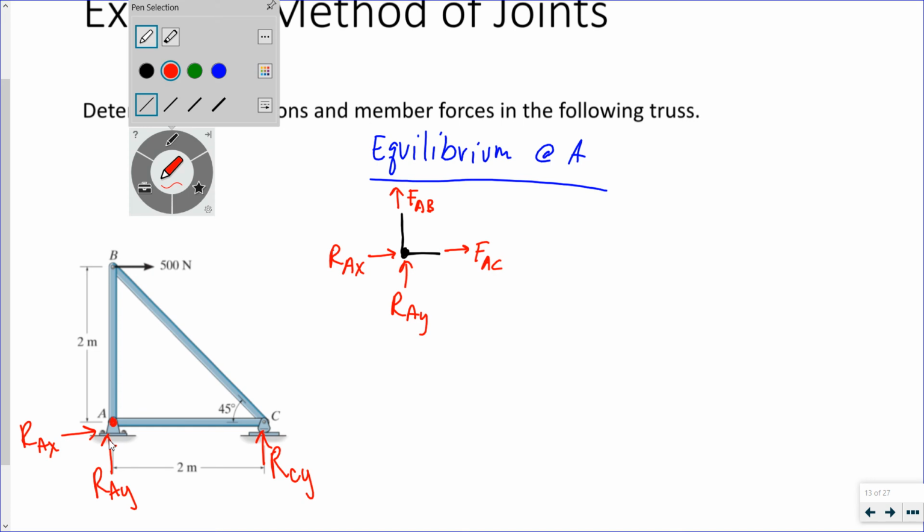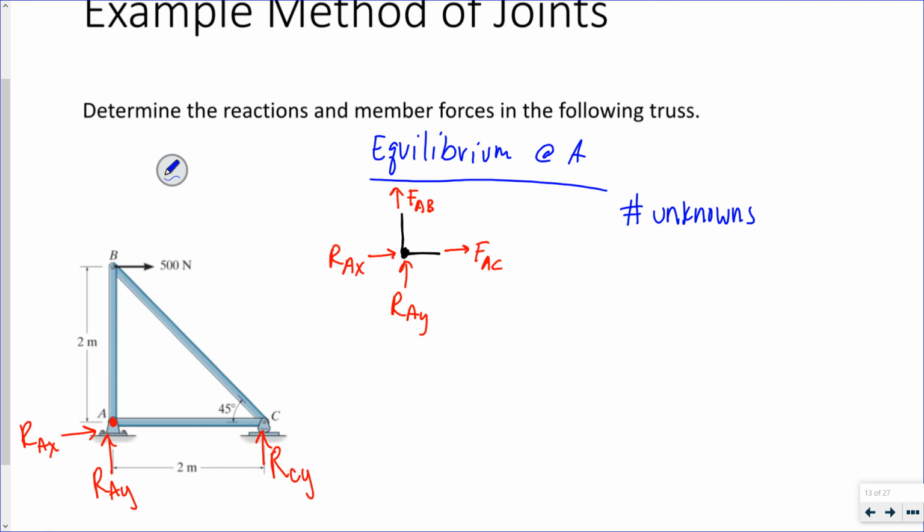So, how many forces do I know? None. How many? That was how many unknowns I have.